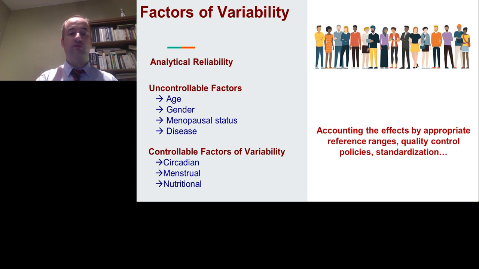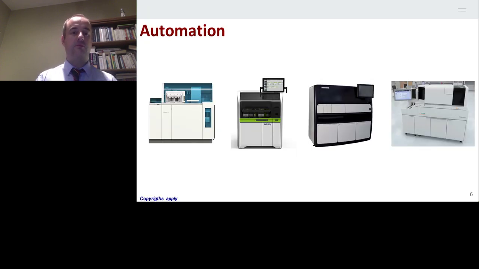And there are also controllable factors of variability, like the circadian rhythm, which is more pronounced for other hormones than the thyroid ones, like cortisol or testosterone, and the fasting status. So a bunch of factors that we need to consider and integrate in our reference values.